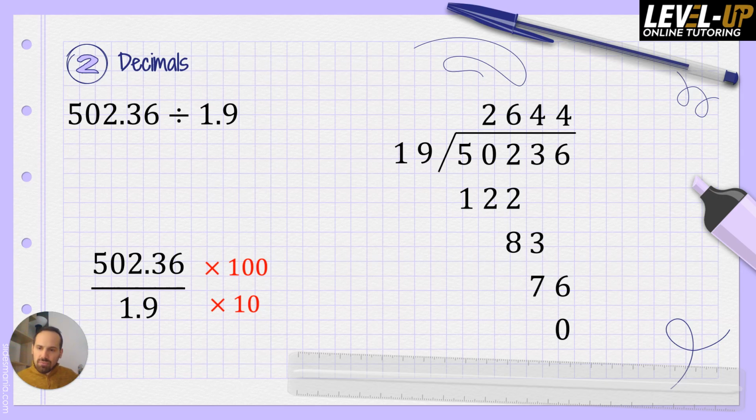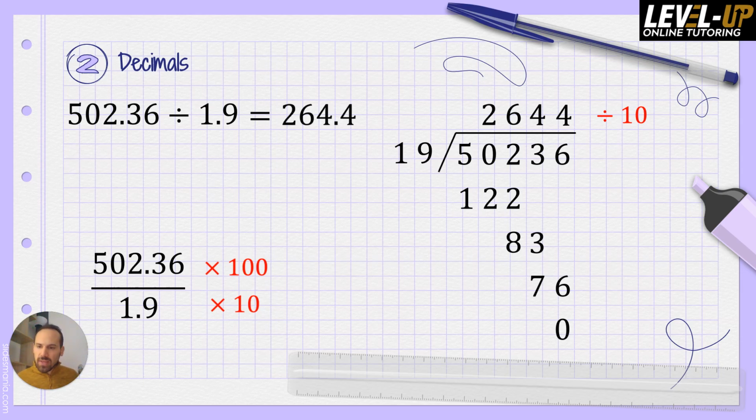So we're multiplying the end result by 100 divided by 10, which is 10. So the end result is we're multiplying the final answer by 10, not 1,000. If we know this answer is 10 times bigger than what we want, we divide it by 10, and you see we'll get this answer of 264.4.